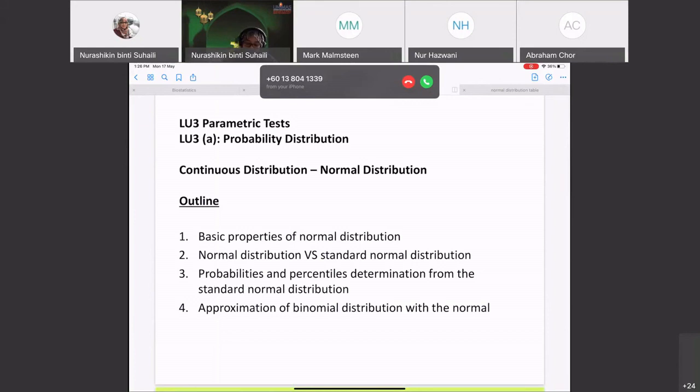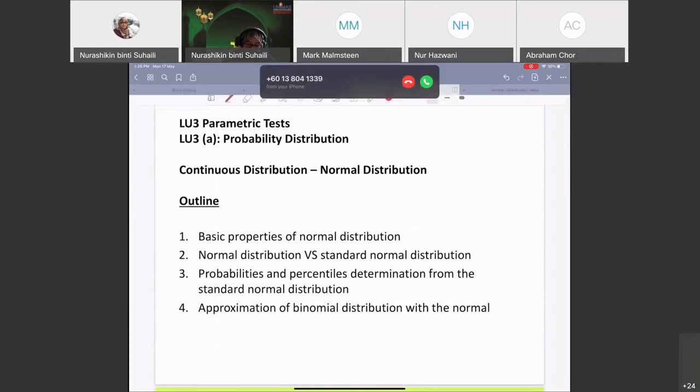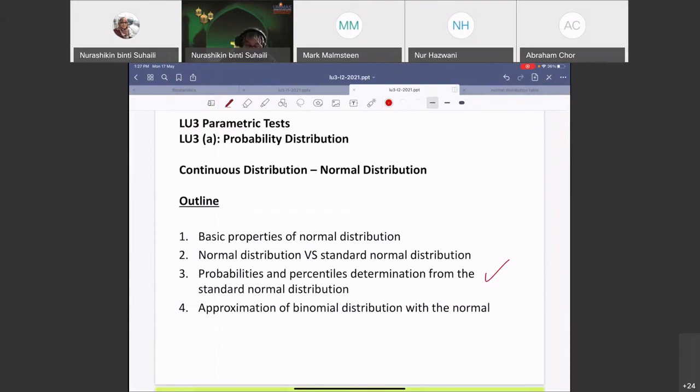Then probabilities, how to use the Z table, how to find the probabilities, the Z values, and so on. The last part is how to approximate the binomial distribution with the normal. There are conditions that you have to make sure are met, and only then can you proceed with the normal distribution: np should be more than 5, and nq should be more than 5. That's the thing that you have to check first.